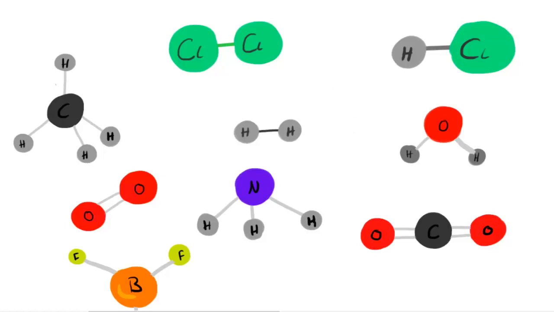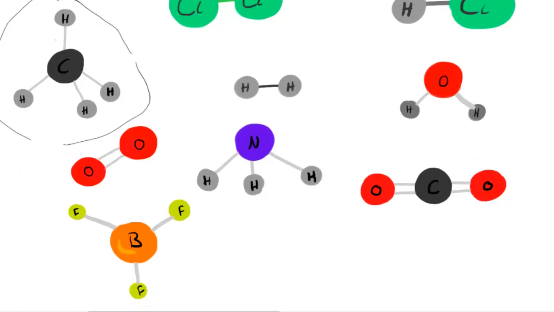Like here we've got methane, which is not very polar. There may be dipoles in the bonds, but they cancel each other out. So overall, this molecule is not polar, and it would not dissolve in water.